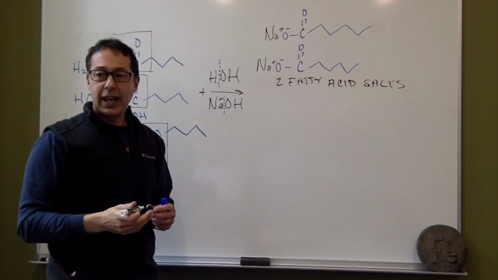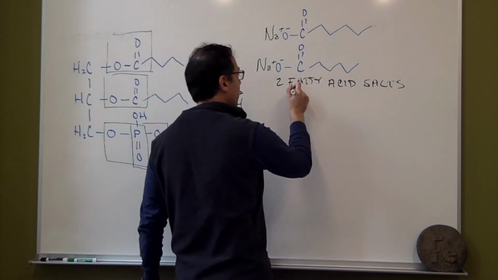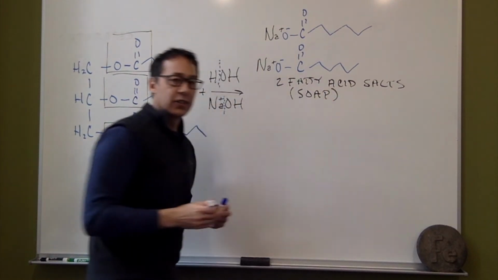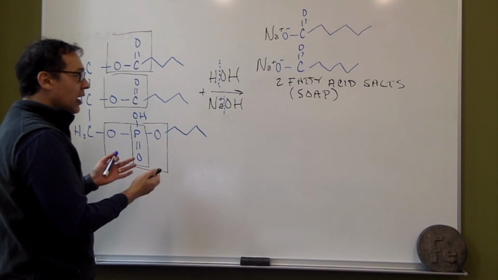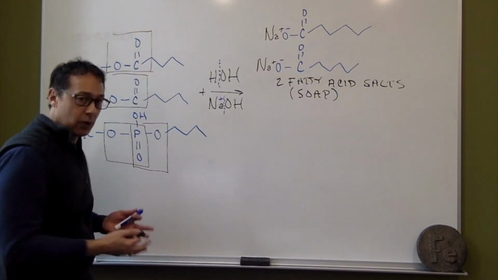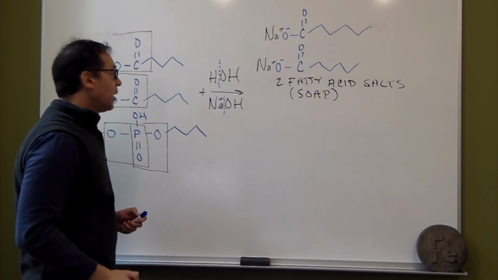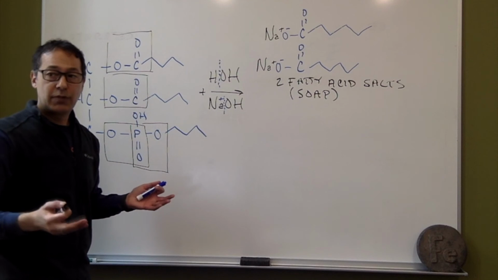2 fatty acid salts. And these have a fancy name. They're also called soap. Okay, so soap is where we take a phospholipid like this and we break it down using a strong base. So that is soap. And then the rest of this is going to look fairly similar to what we did before.